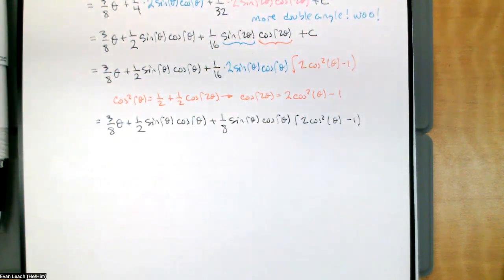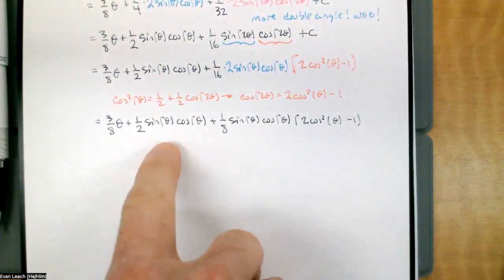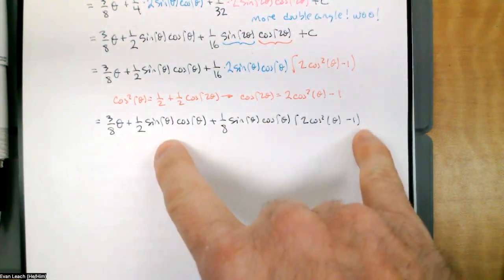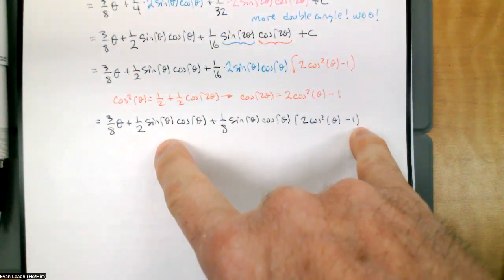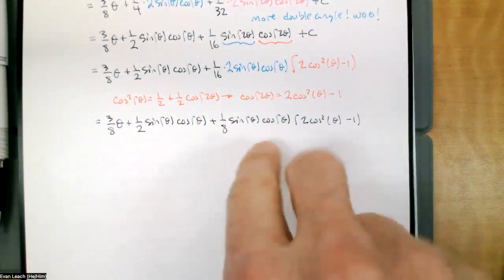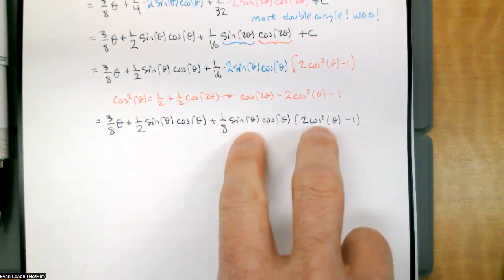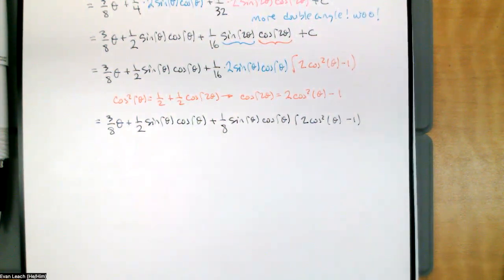Now this is a little bit messy because I noticed that I have a sine theta cosine theta term here and a sine theta cosine theta term here. So we should combine those. And then this middle term here is going to give us a sine theta cosine cubed theta. But it's okay to have powers of cosine because we're just going back to the x variable.